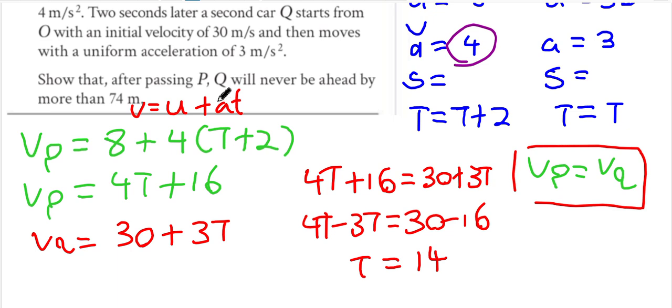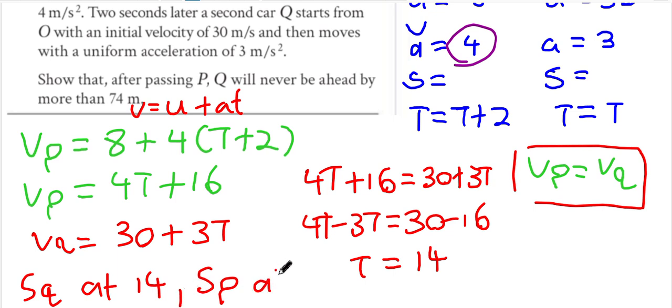So what I'm going to do next is find the distance traveled by Q at 14 seconds, and the distance traveled by P at T equals 14 as well. We're going to use s equals ut plus a half at squared. Now, one second, there is a trick here.